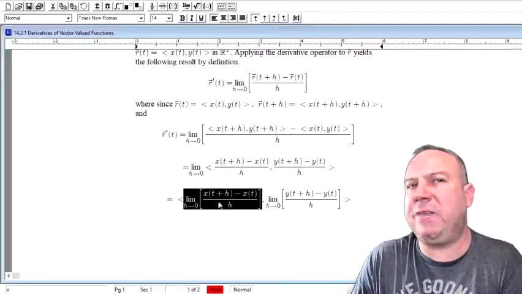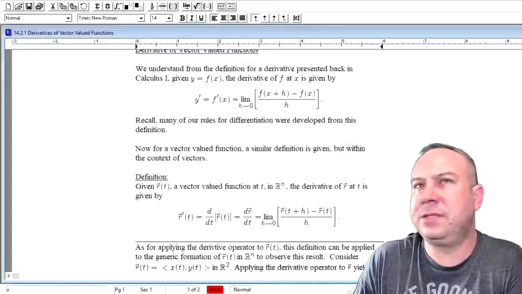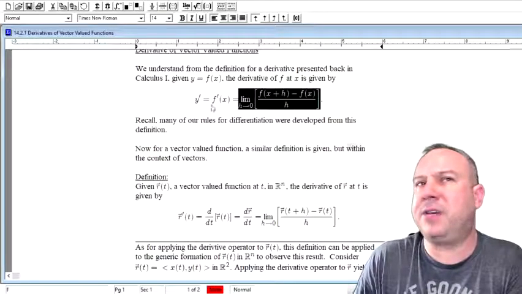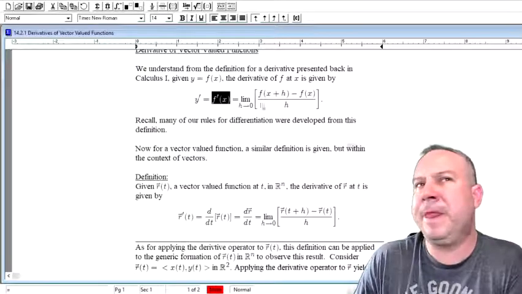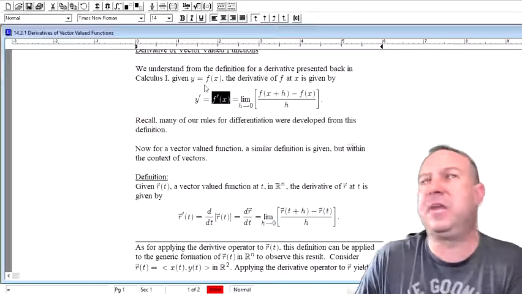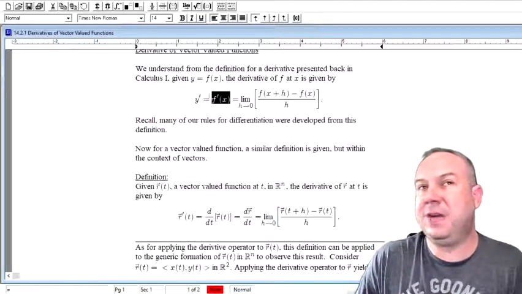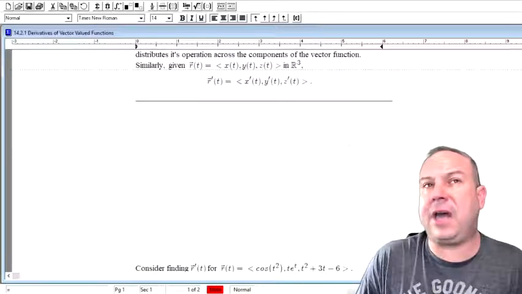Well, from above, we can say then this must be all just x prime of t. All right? Because what were we able to say about all this? This was just f prime of x. Well, x has been replaced with t, and function f has been replaced with x. So this is really just x prime of t. And we see something similar for y.